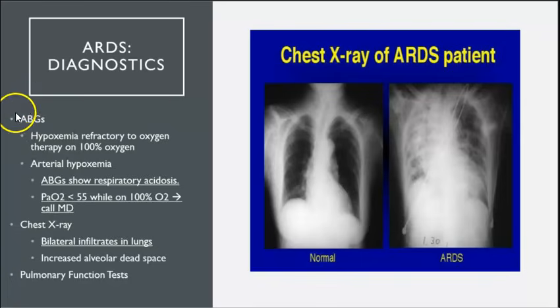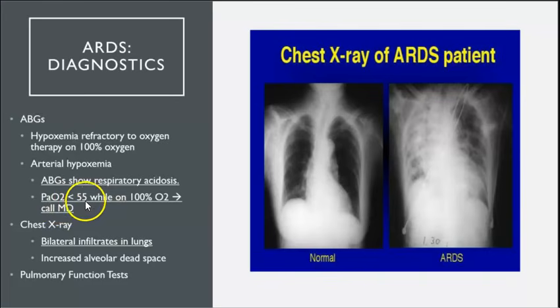Your diagnostics: ABGs. When we talk about lungs, make sure you're getting your ABGs. So, hypoxemia, even when they're on 100% oxygen. Arterial hypoxemia. So we put an arterial line in, their number is less than 60. That means they don't have oxygen and they're probably retaining their CO2. They can't breathe it out, so they're going to be in respiratory acidosis.